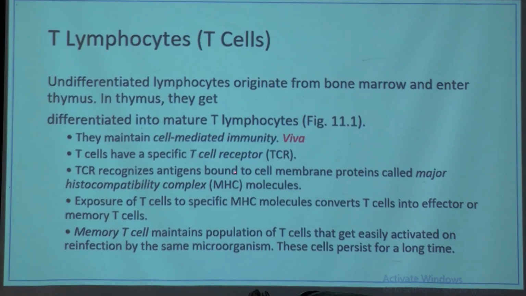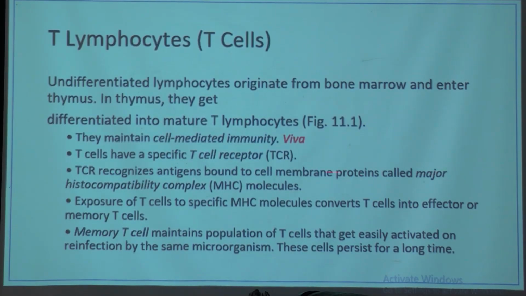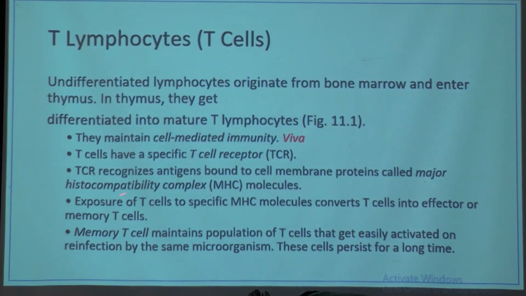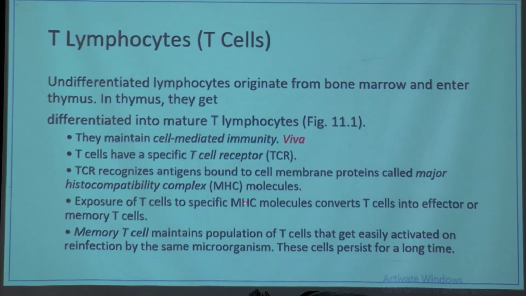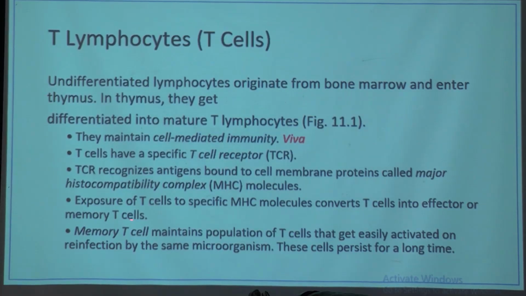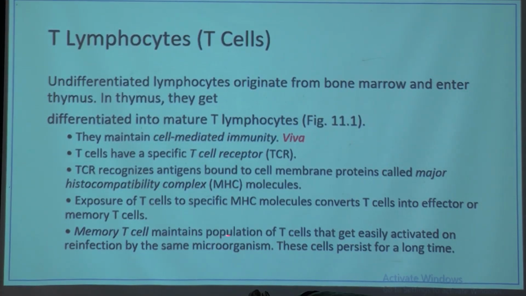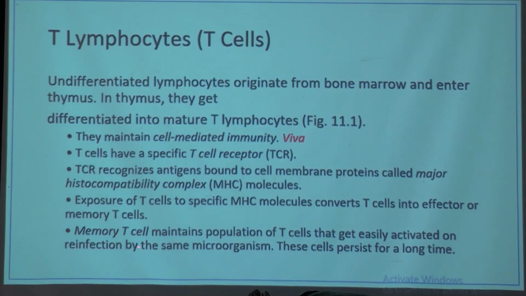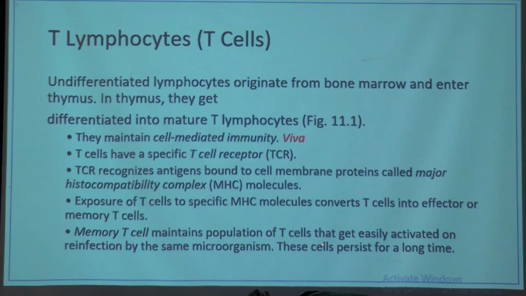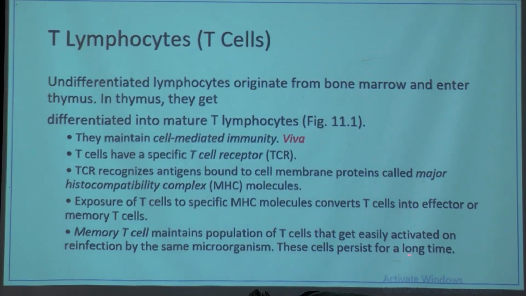TCR recognizes antigens bound to the cell membrane proteins called major histocompatibility complex, MHC molecules. Exposure of T cells to specific MHC molecules converts T cells into effector or memory T cells. Memory T cells maintain a population of T cells that get easily activated in reinfection by the same microorganism. These cells persist for a long time.